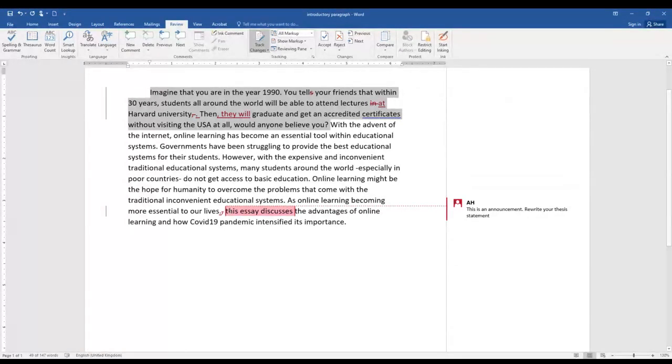Now, Abdulaziz, if you remember, we said that this type of sentence we call an announcement. Don't say that this essay will discuss or this paper will discuss, right? You should start directly with the topic.